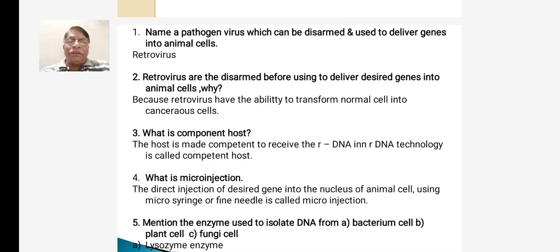Because the retrovirus has the ability to transform the normal cells into cancerous cells.